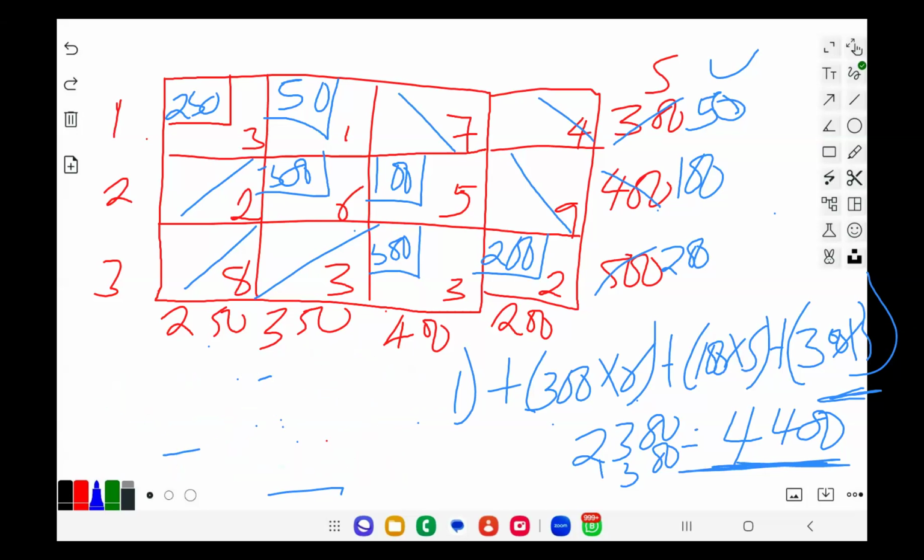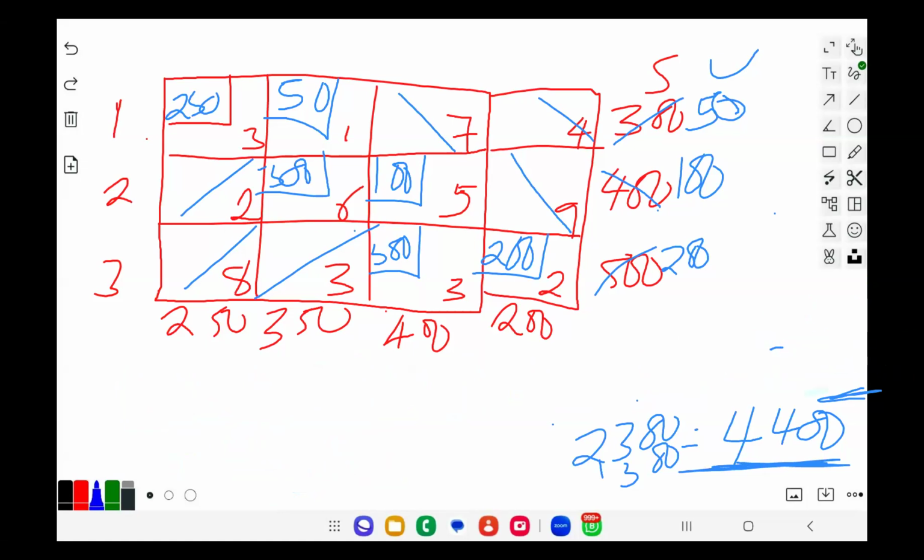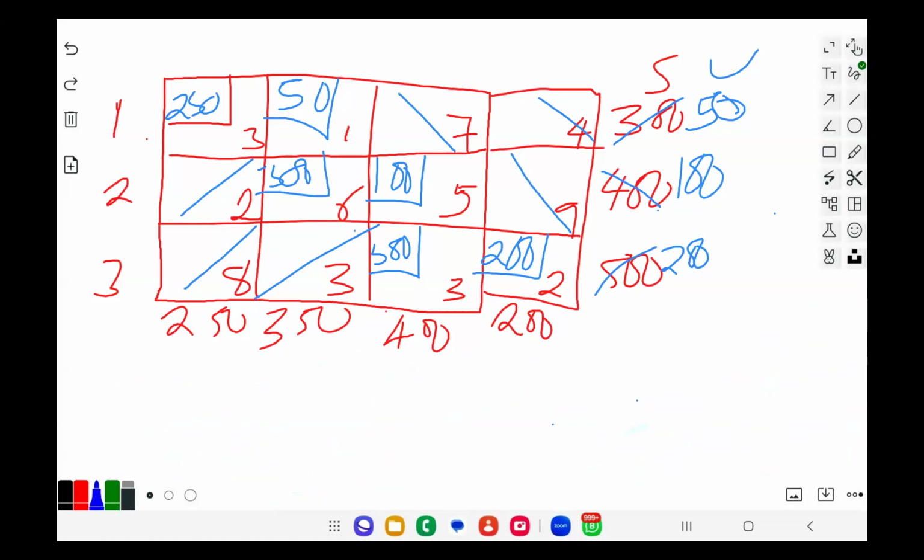The initial basic solution is the same as the basic feasible solution. It is still the same thing, because initial simply means first step.